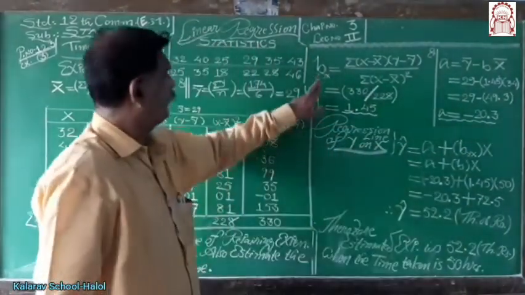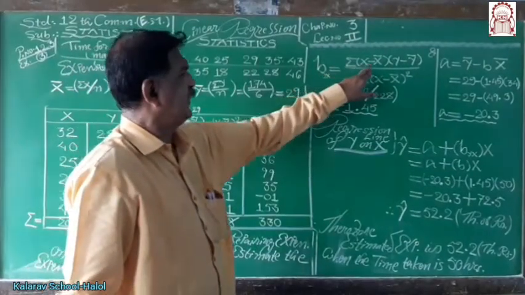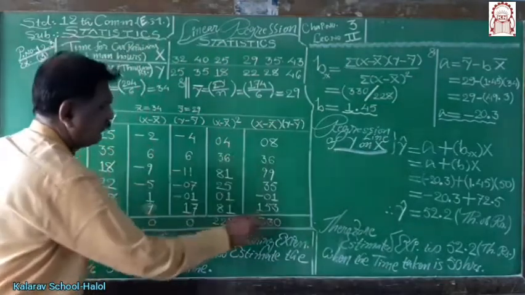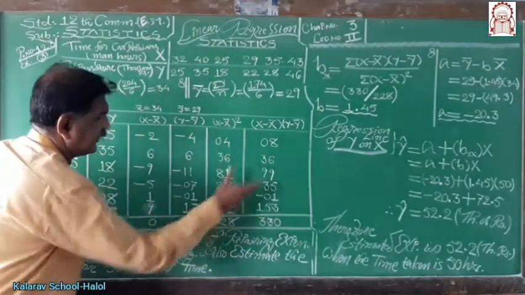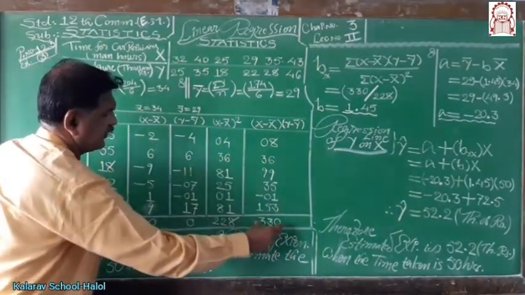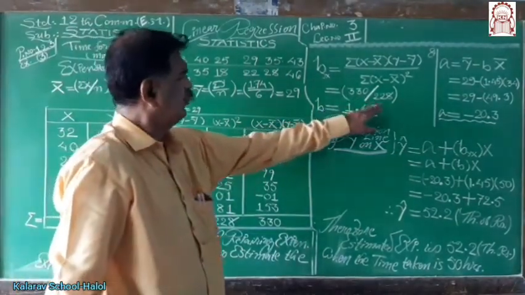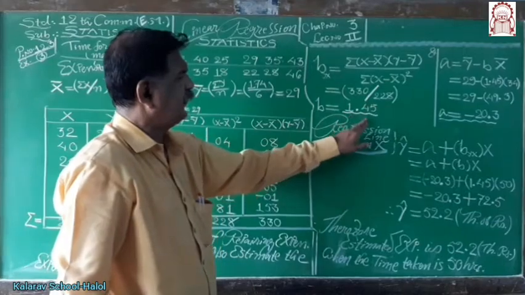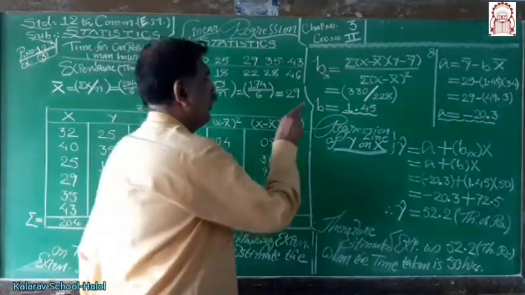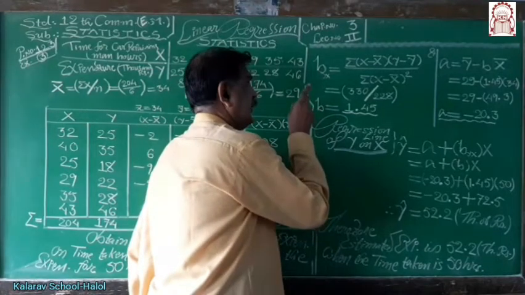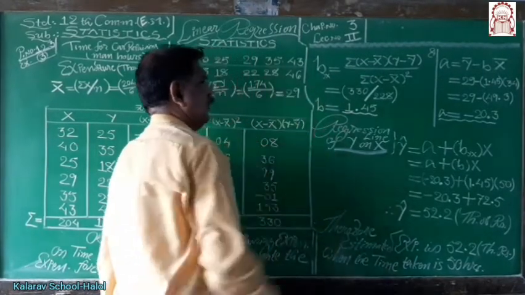b means byx: sigma x minus x bar into y minus y bar upon sigma x minus x bar whole square. Therefore the division of these two numbers, total 330 and total 228. So 330 upon 228. The answer will be 1.45. Therefore, the value of b, this b means byx, the regression coefficient of y on x.